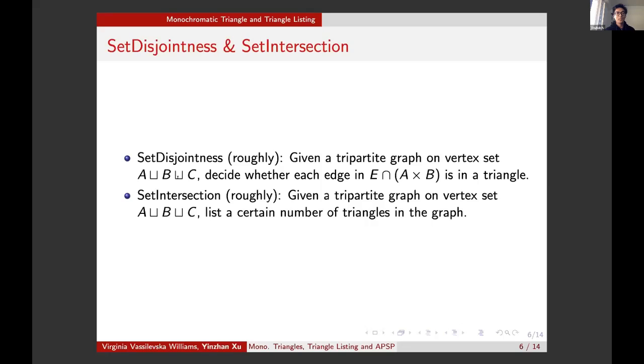Here, it's essential that the sizes of A, B, and C can be different, and the edge sets between the parts can be sparse rather than a complete tripartite graph. Similarly, for the set intersection problem, we are given a tripartite graph on vertex set A union B union C, and we need to list a certain number of triangles in the graph.